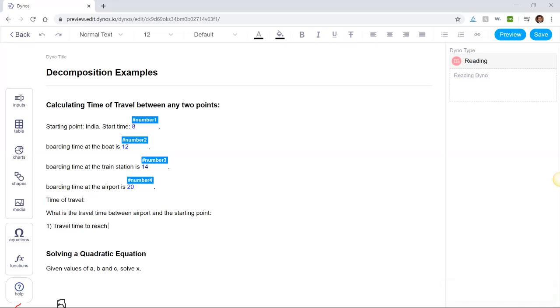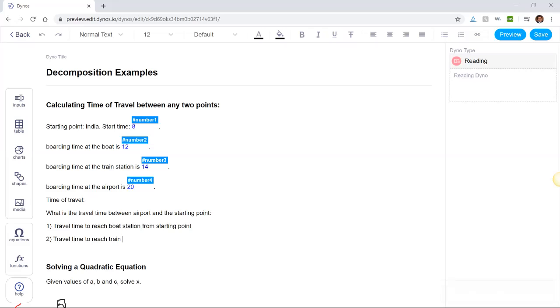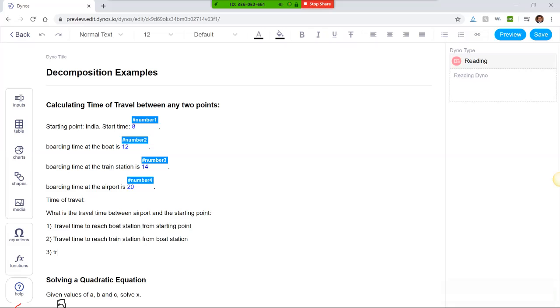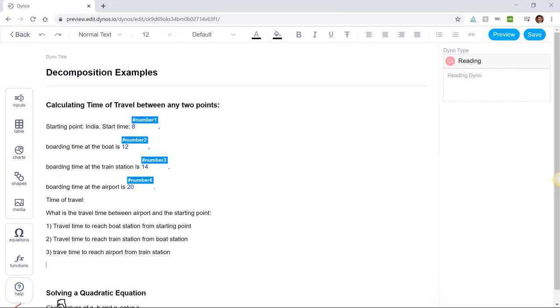The second step is the travel time to reach the train station from the board station, and the travel time to reach the airport from the train station, right? If we add 1 plus 2 plus 3, we get the total travel time, right? You see that? So that is decomposition, correct?